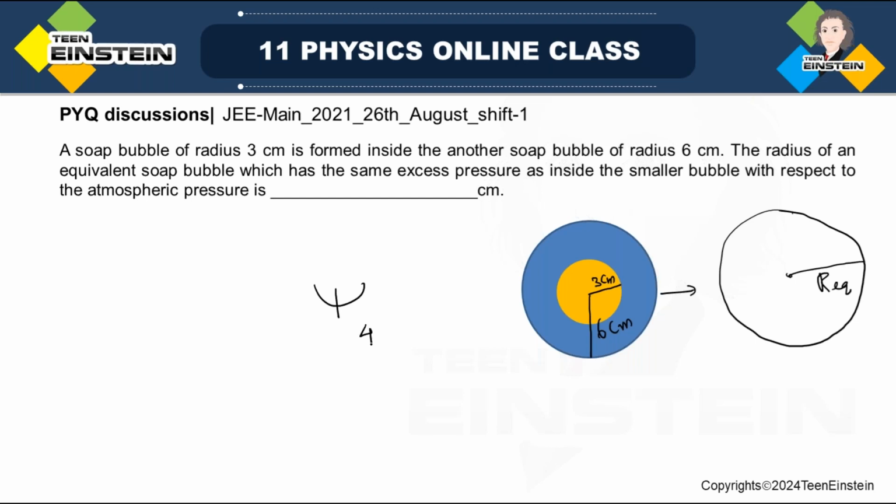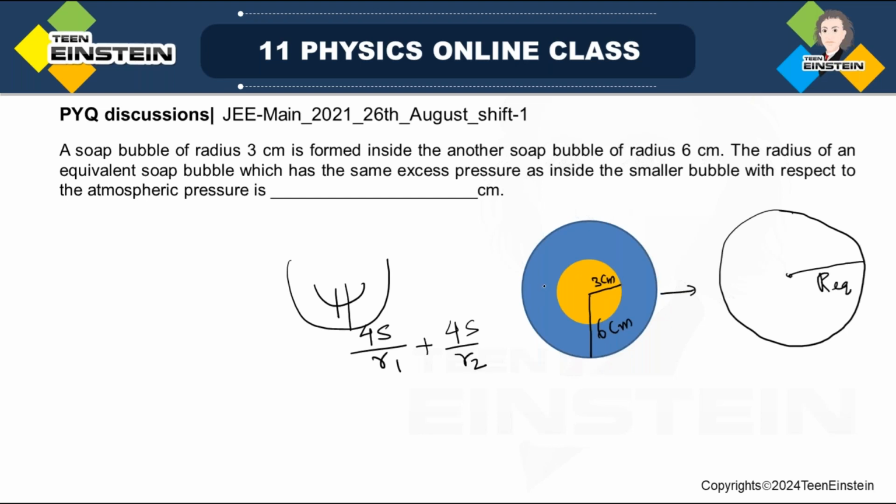Since it is the same material, this is a soap bubble, so the excess pressure will be 4S by r, where S is the surface tension. This is for its own, so r1. And when you have another bubble outside, due to that also there will be another excess pressure that will be added to this, so 4S by r2.